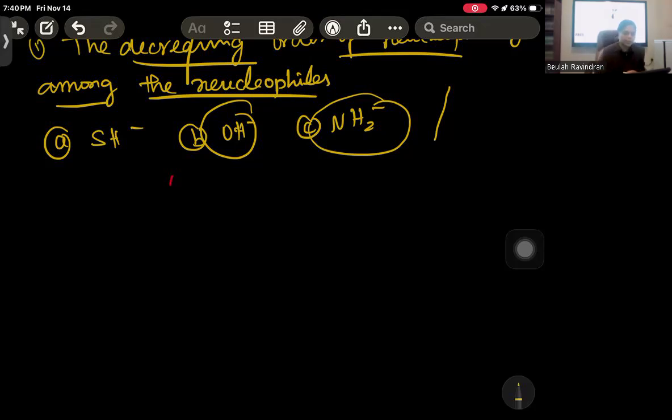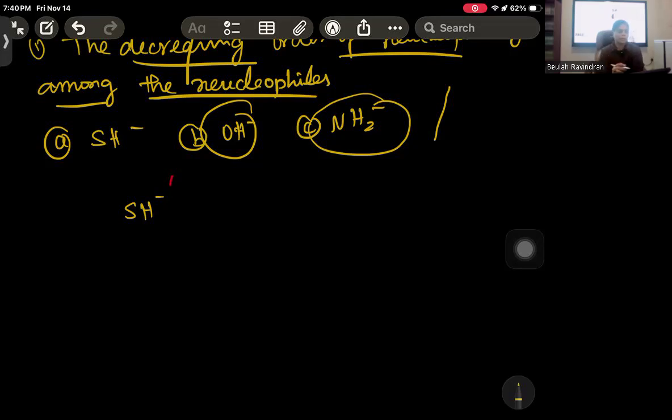So we can write, going down the group, the atomic size increases, and the tendency of donating electrons also increases due to the decreasing nuclear charge.